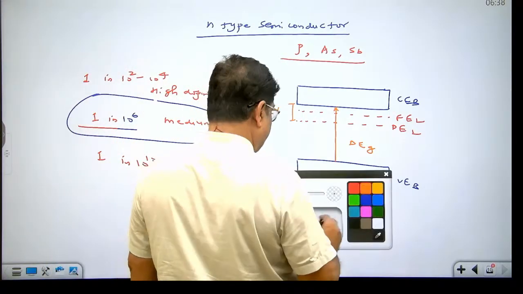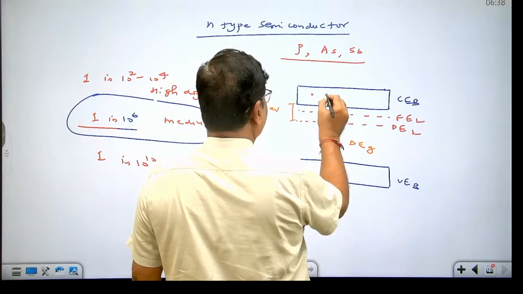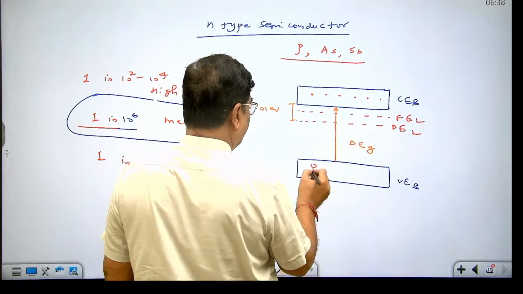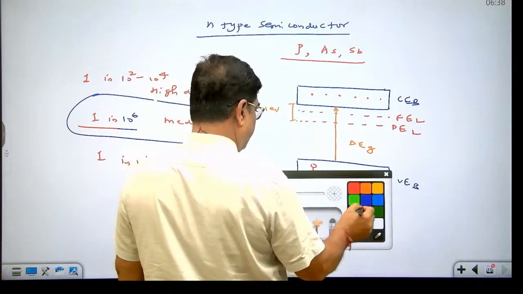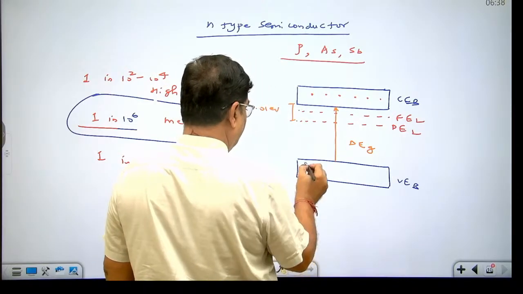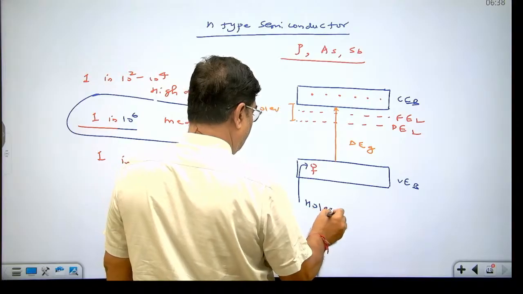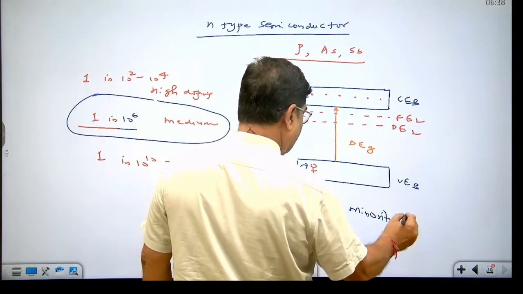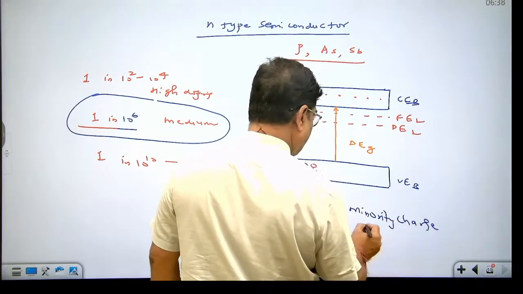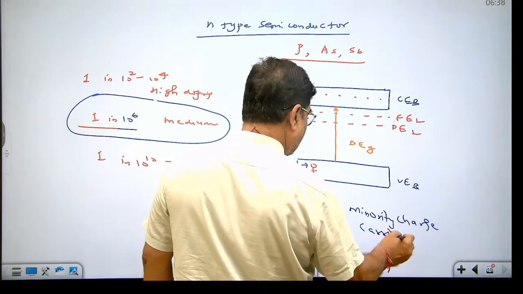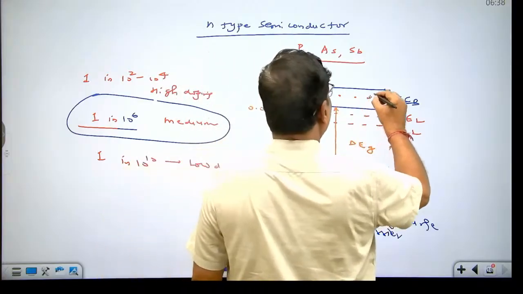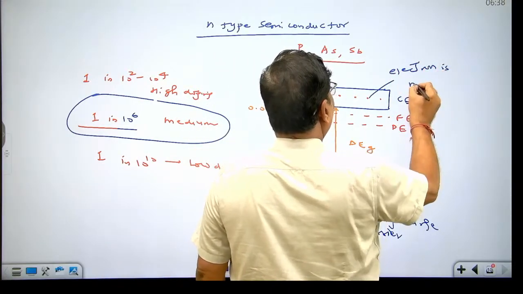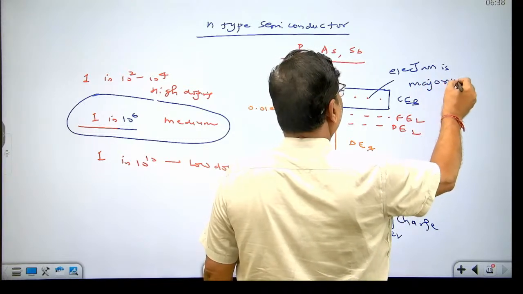In case of N-type semiconductor crystal, majority charge carriers are electrons and minority charge carriers are holes. Holes are minority charge carriers. Electrons are majority charge carriers.